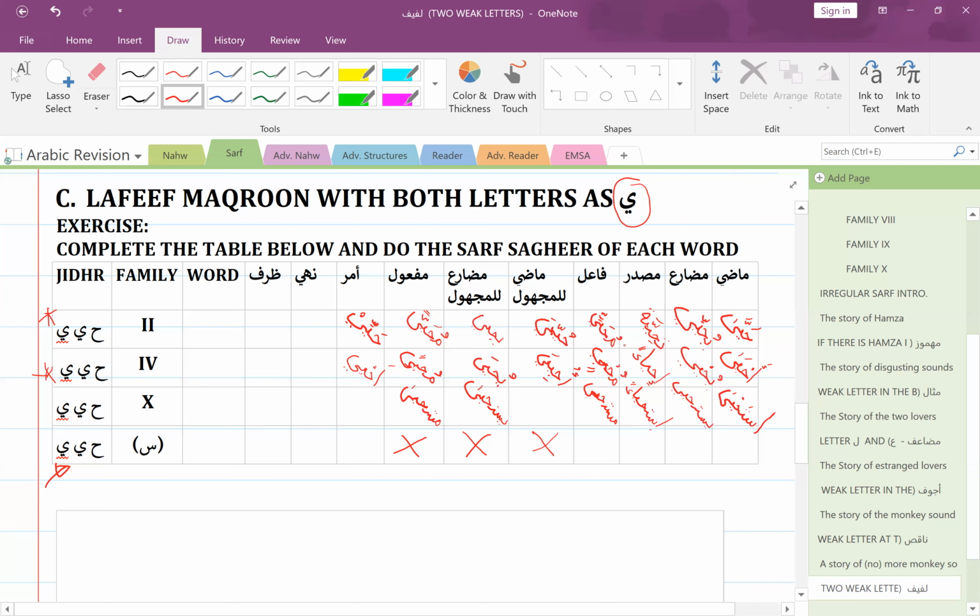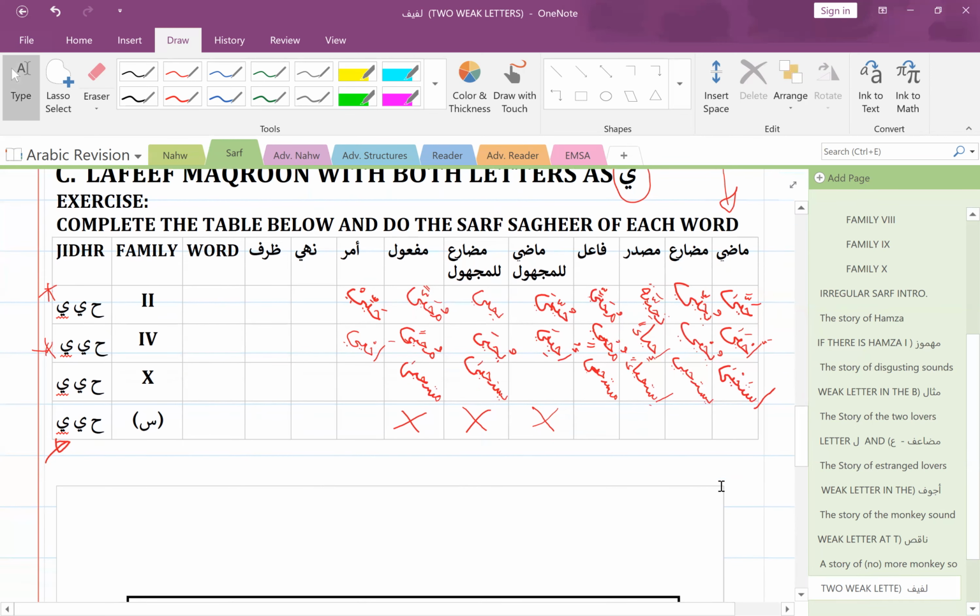The naqis version is more common than the muda'af, from what I could find. Maybe they do the muda'af in the madi only, and in the rest they do naqis, so be careful. I'm just having you do this for practice purposes, so we can understand the differences between naqis and muda'af. Okay, Marianne, you can do the last one.